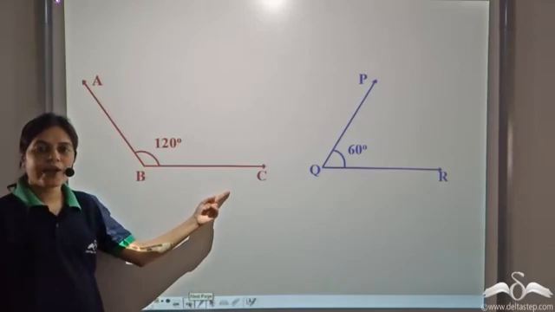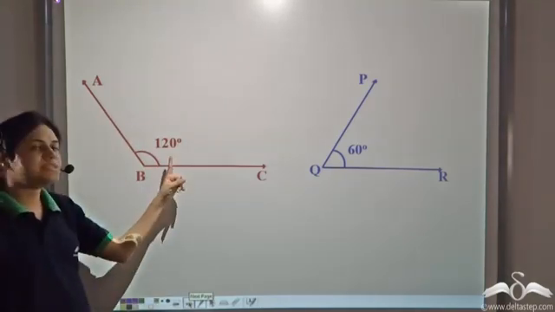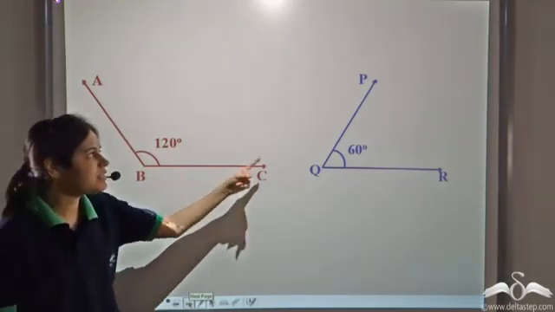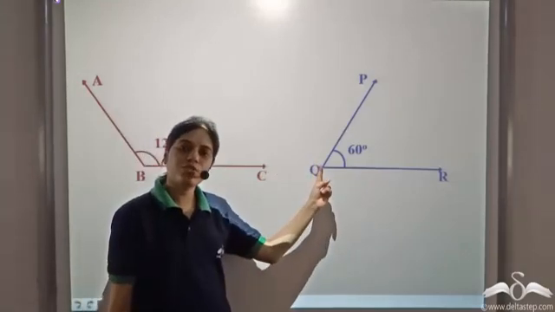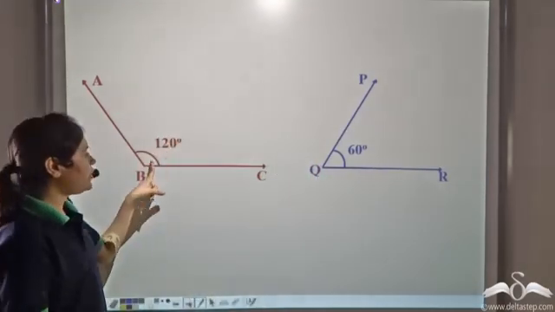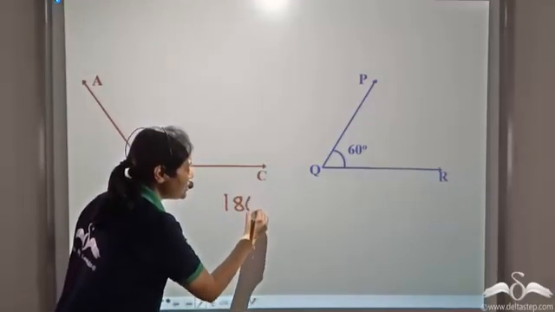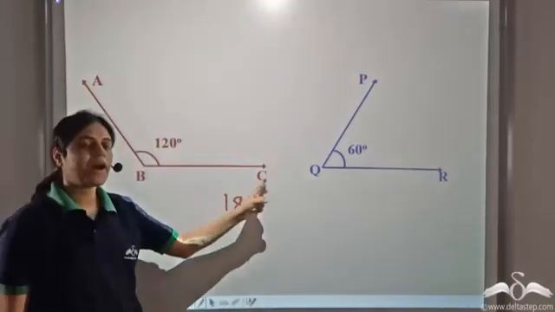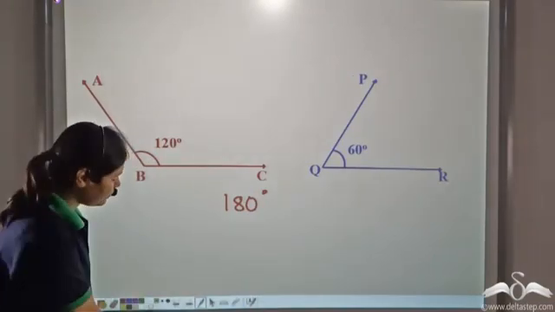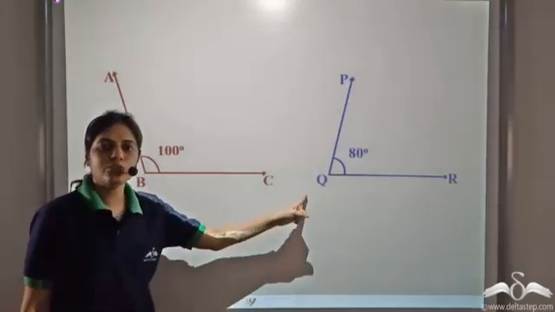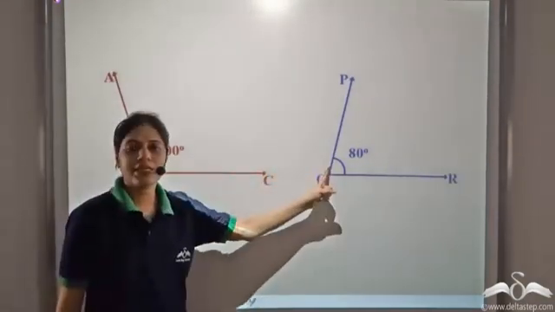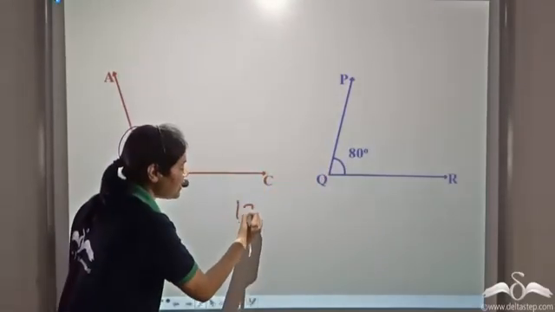Now add these two angles. Angle ABC is equal to 120 degrees. Angle PQR is equal to 60 degrees. So 120 plus 60 gives us 180 degrees. The sum of these two angles is 180. What about these two? 100 plus 80 again gives us 180.